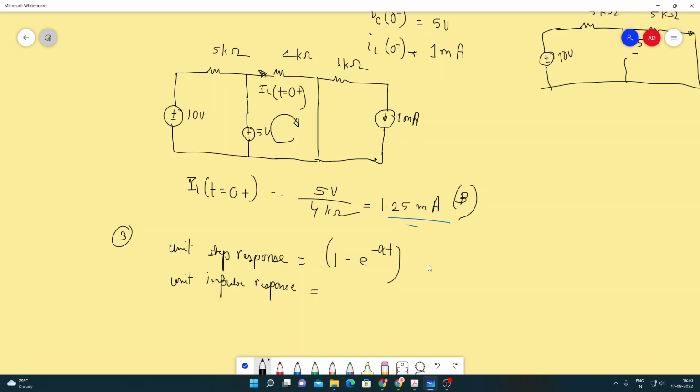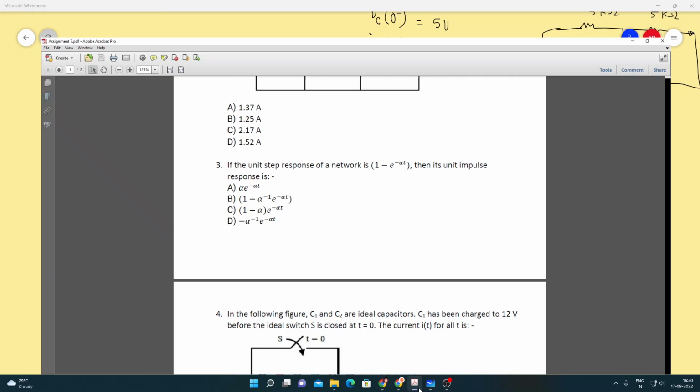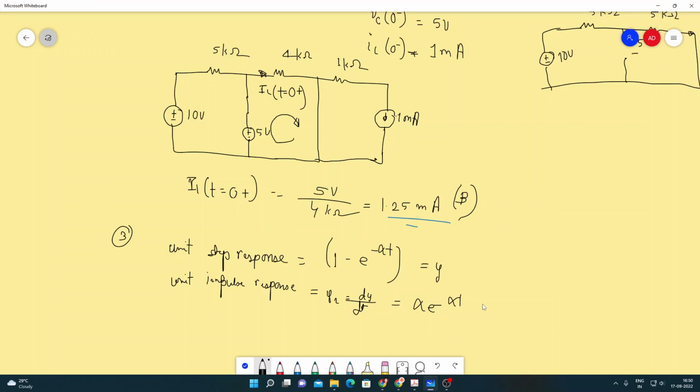If this is y, since impulse is the derivative of step, impulse response is also the derivative of step response. So y2 is dy by dt, which will give me alpha e to the power minus alpha t. This is the answer. It's option A.